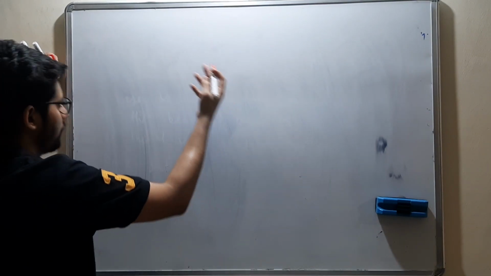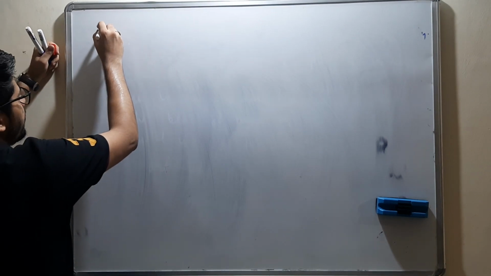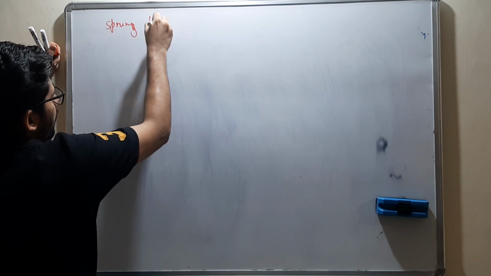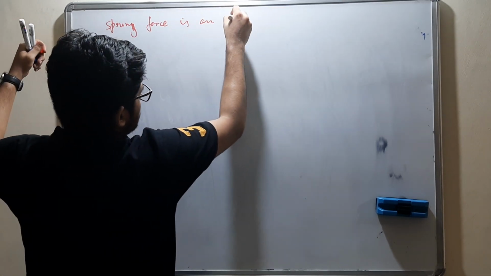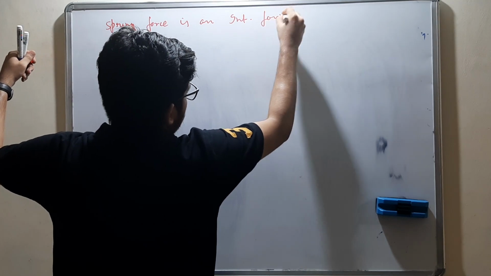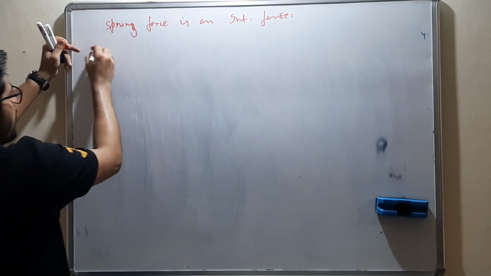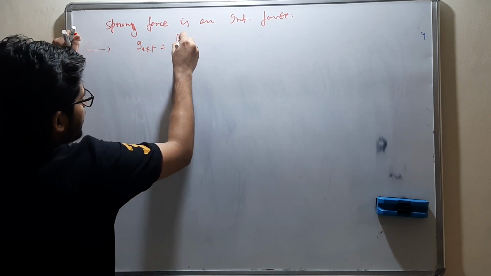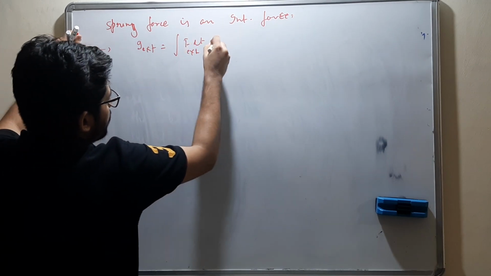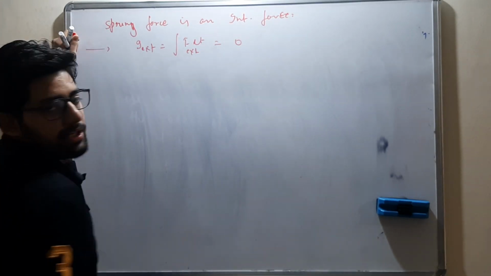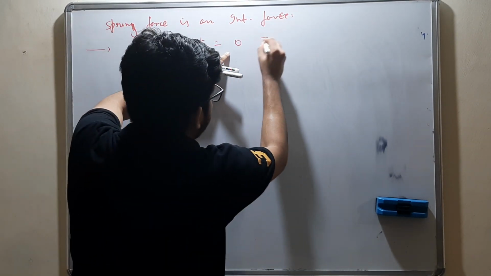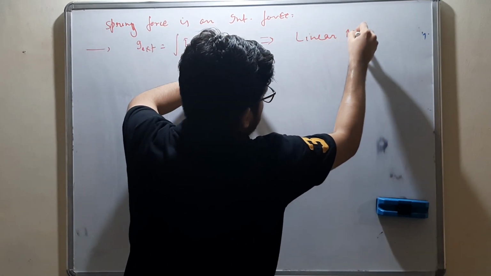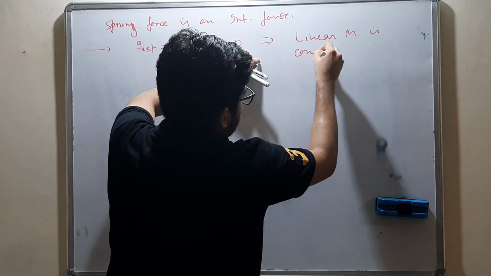If I see the system, the spring force is an internal force. That means I external, the integral of F external dt, is 0. What does it signify? That linear momentum is conserved.